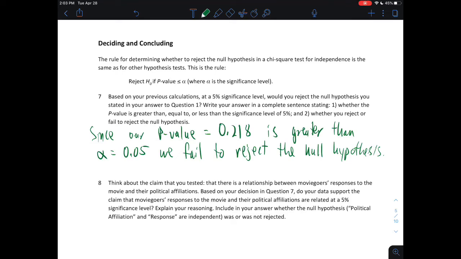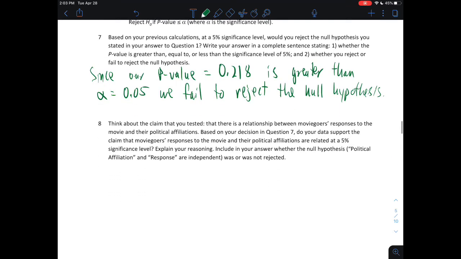But instead, let's look at number 8. Think about the claim that you tested, that there is a relationship between moviegoers' responses to the movie and their political affiliation. So here, this is what they are saying is the claim that we are testing. Based on your decision in question 7, do your data support the claim that moviegoers' responses to the movie and their political affiliations are related at a 5% significance level?